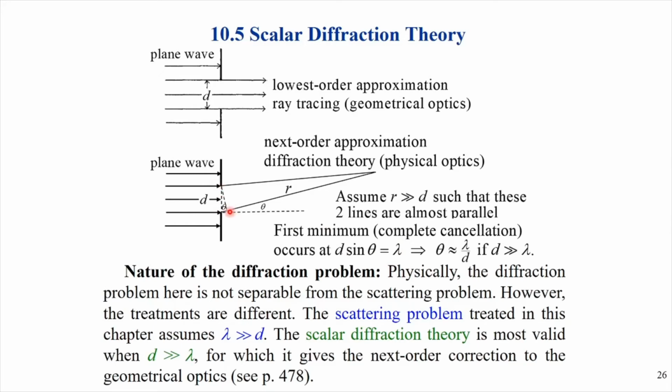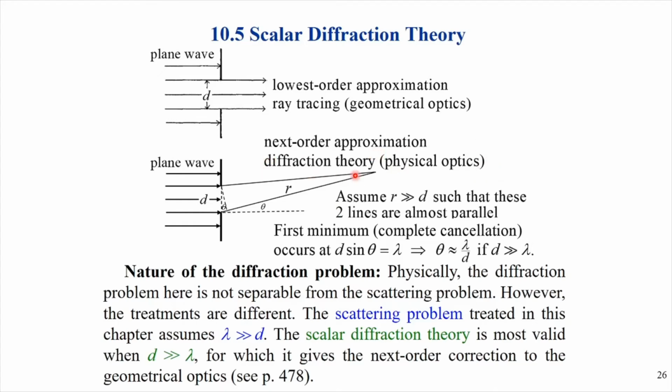These two, this one and this one, will be in phase, but the middle section will be completely out of phase. They will cancel. Complete cancellation occurs, we will have first minima. We have maxima in the middle, first minima here. So that's physical optics.